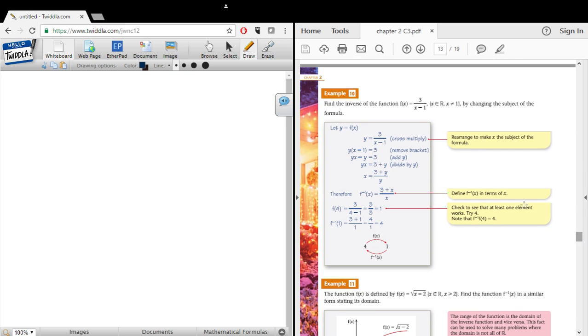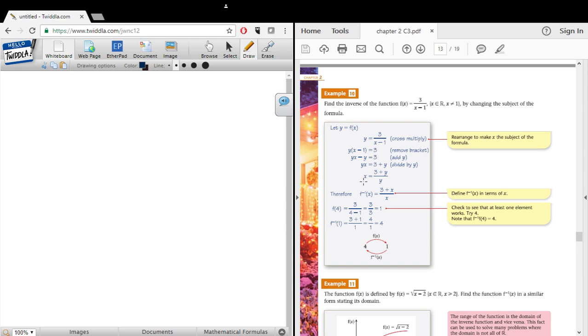For example 10, a similar idea. So find the inverse of the function f(x). Now, we've been asked to change the subject of the formula. So here you can see that instead of having y being our subject, x has been made our subject by rearranging.